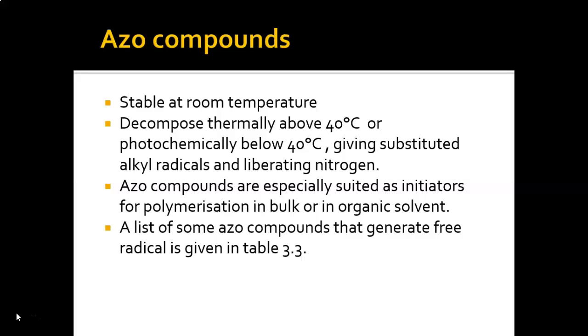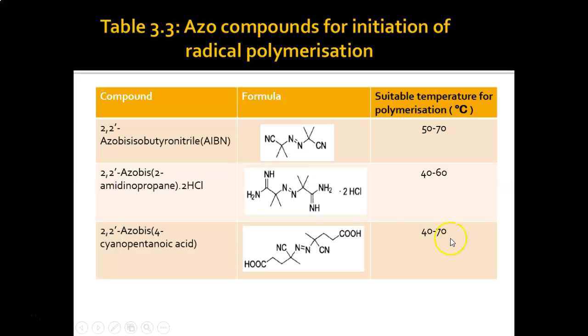Okay, now we look at the example of the azo compound. Mostly and widely used is AIBN, or azobisisobutyronitrile, which decomposes at 50 to 70 degrees C. We have 2,2-azobis(2-amidinopropane) and 2,2-azobis(cyanopentanoic acid).